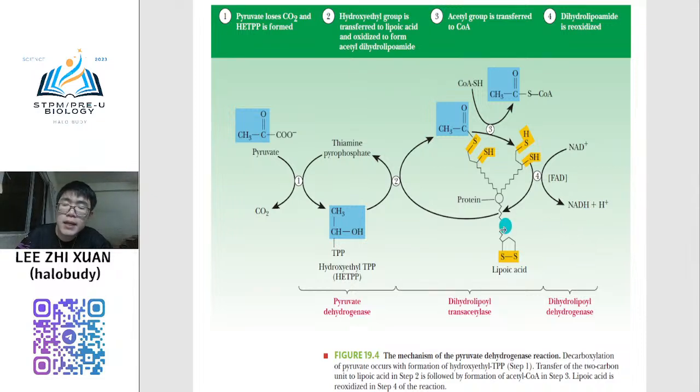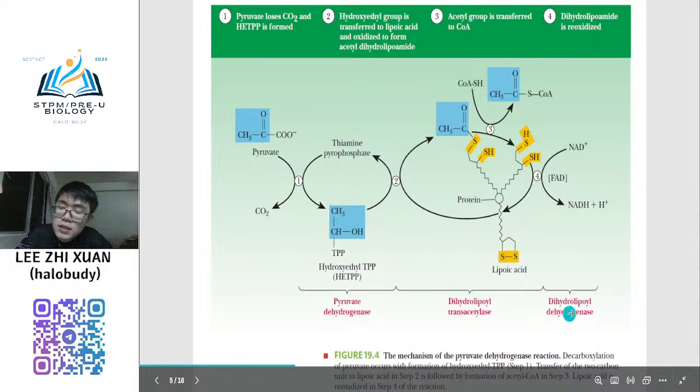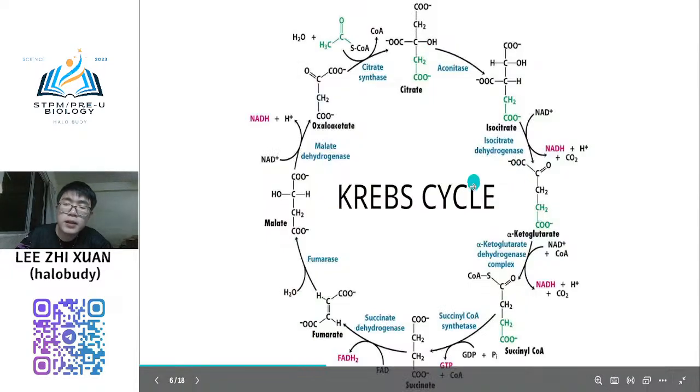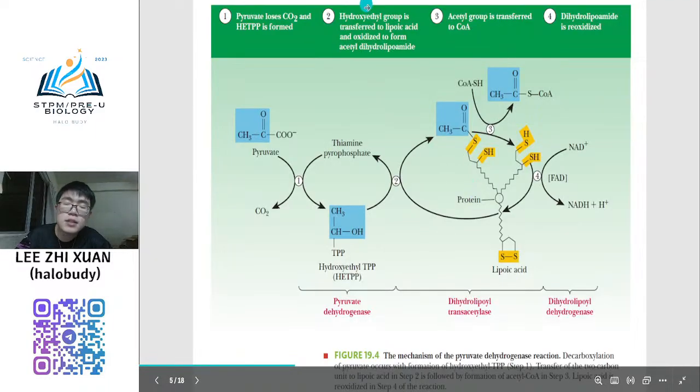So there are two enzymes here. The fourth reaction is dihydrolipoyl dehydrogenase, and for the middle one, steps 2 and 3, the enzyme used is dihydrolipoyl transacetylase.